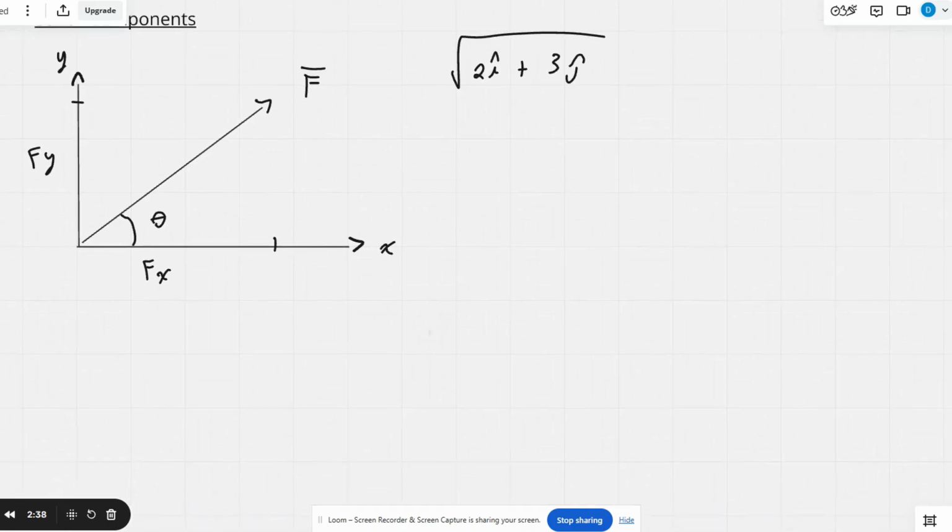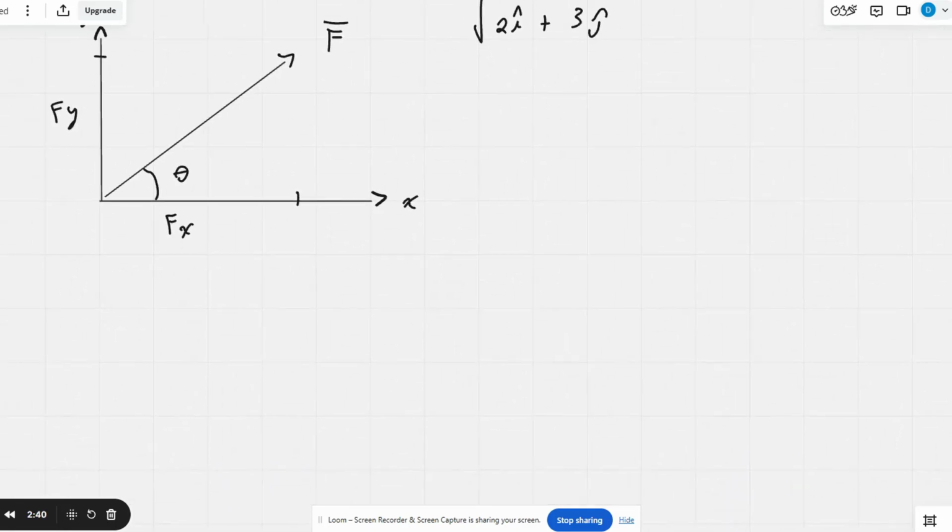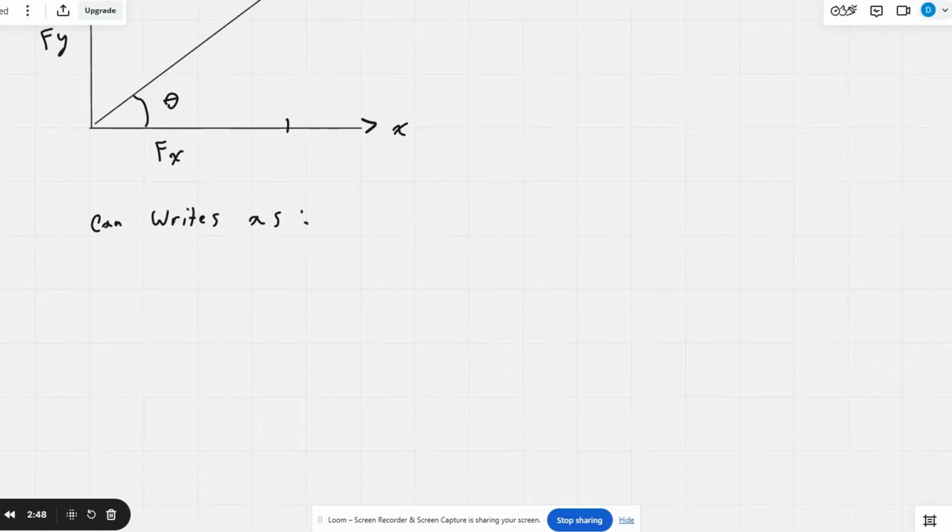And to be more general here, let's say we can write this as f equals f of x i plus f of y j.